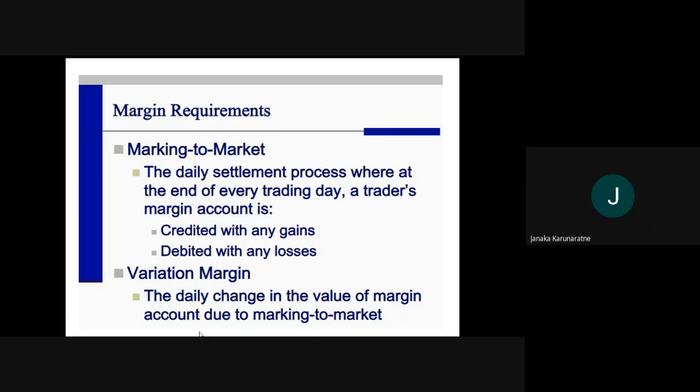Similarly, if your futures value comes down and you lose, your account is debited, so that the margin account is maintained at the right level and there is no risk to the settlement. The variation margin is the daily change in the value of the margin account due to marking to market.